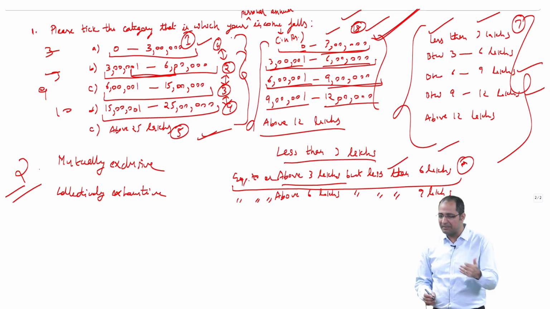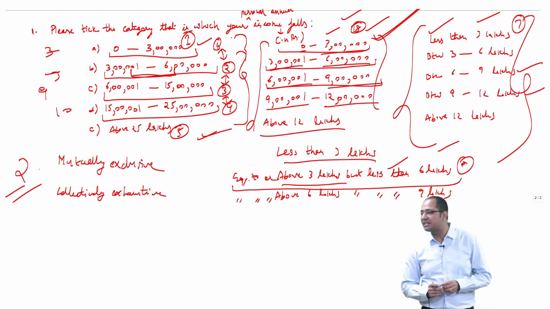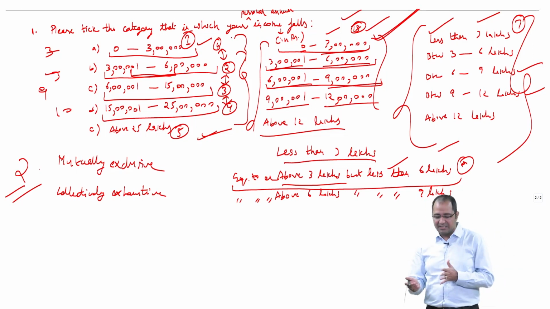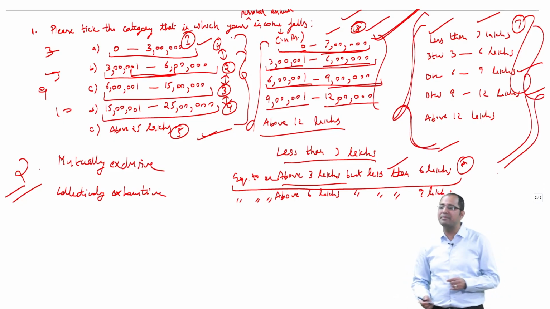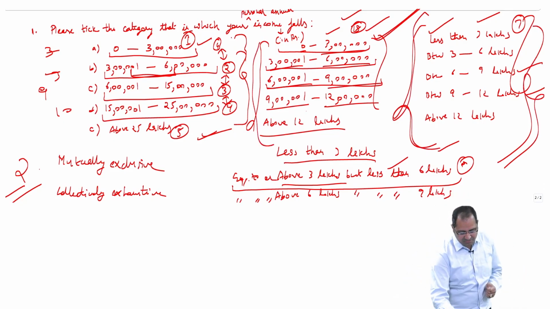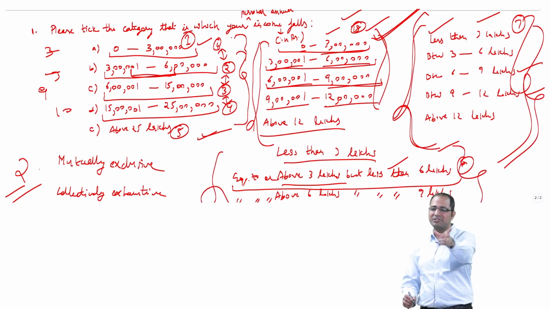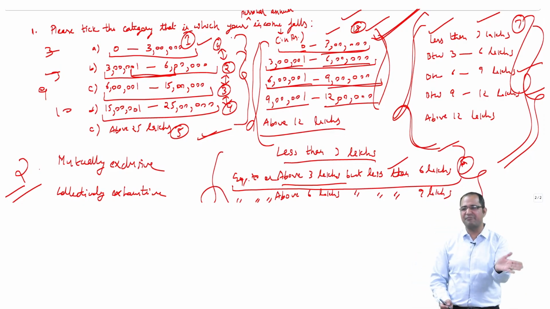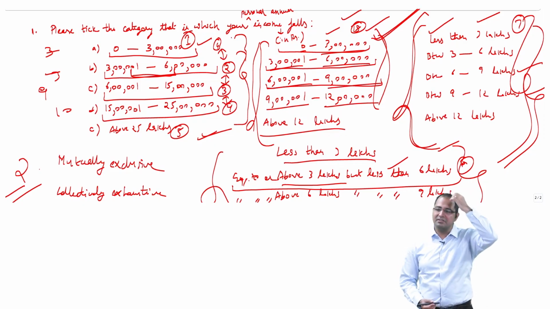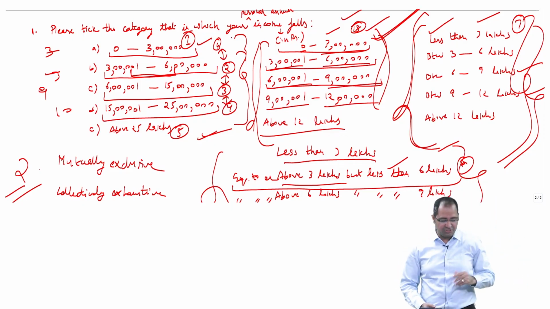Somebody who is at 6 would not know whether to mark the second or third. So there is a little ambiguity. If we give this way of answering, we will have to accept those ambiguities. Otherwise, this is the best way, and this one also, although the individual options are lengthy and difficult to read, if you can make it easy. But the characteristics that you have to keep in mind are mutually exclusive, collectively exhaustive.